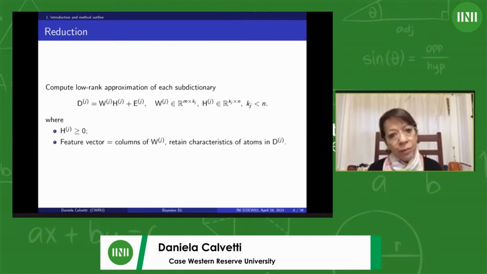So we keep in mind that some dictionaries may require more W vectors, more feature vectors. We call the columns of W feature vectors because they summarize the features of the matrix that is being approximated. And others are simpler collections of atoms, and they can be described efficiently with fewer vectors.